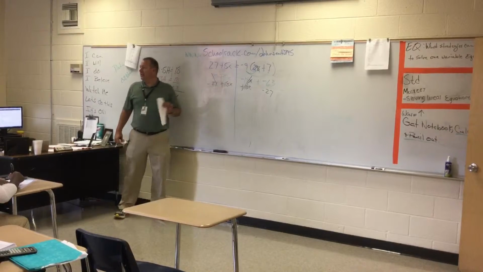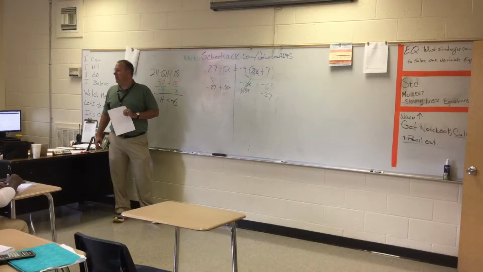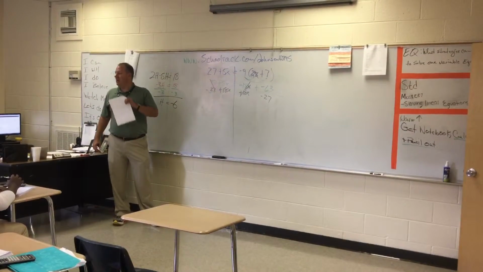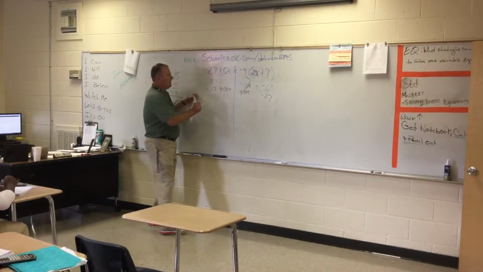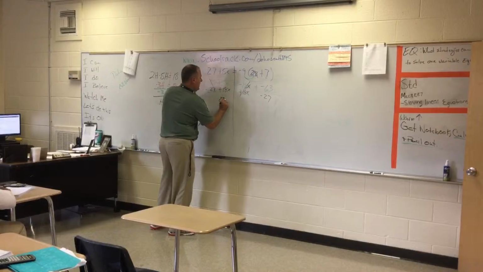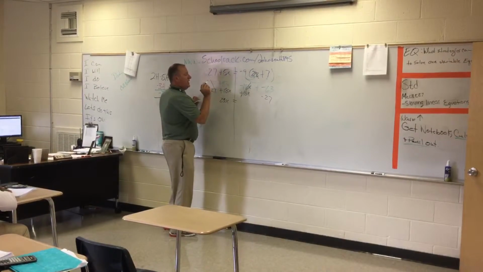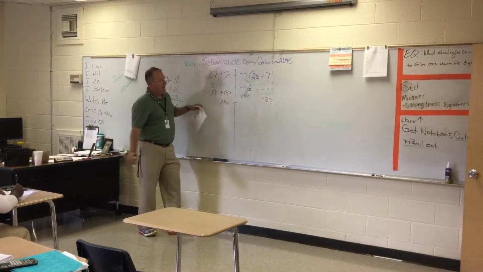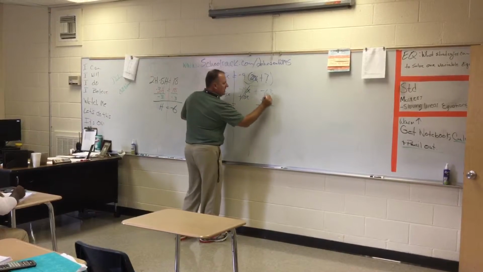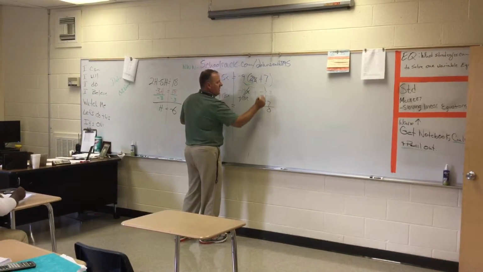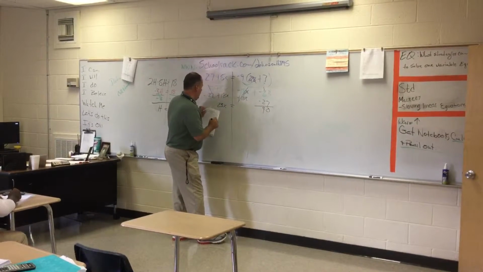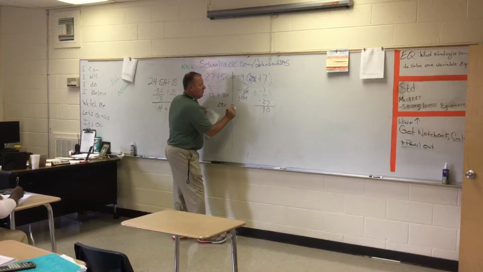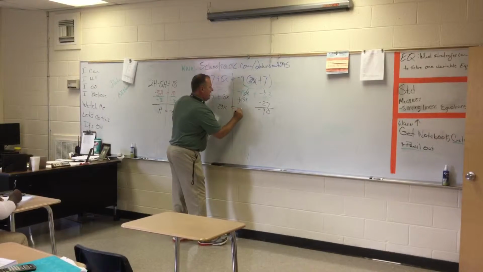Kiara? 23. Good, Chris. That's what I said. 23x equals, and what is negative 63 plus negative 27? 3 and 7 is 0. I'm gonna carry my 1. 7 and 2, 90. Negative 90, so 23x equals negative 90.